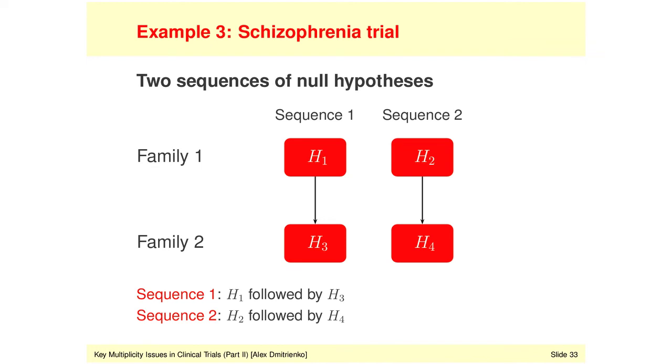For example, within sequence 2, we begin with the hypothesis H2 and proceed to H4 only if the hypothesis H2 is rejected. This would be an example of a multiplicity problem where, using the modified mixture method, we can construct an attractive stepwise testing algorithm.